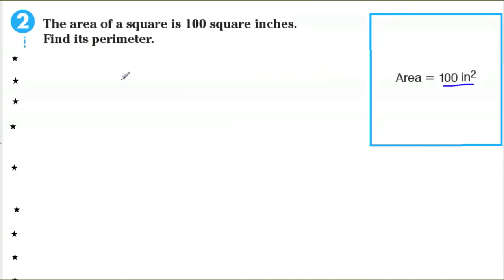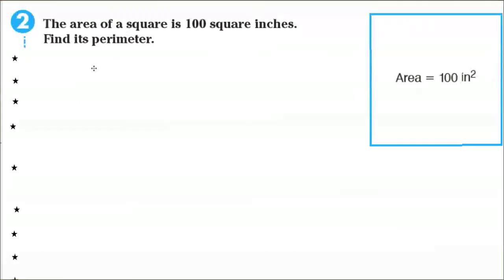It is being assumed that we know the formula for area, and we know the formula for perimeter of a square. It is assumed that we know how to find the formula, or we know what the formula is, for area and perimeter.